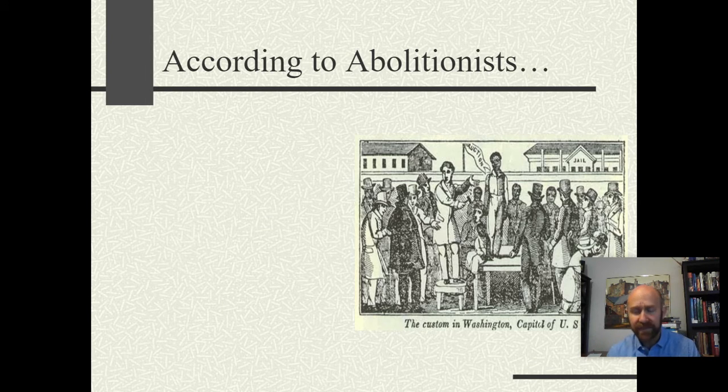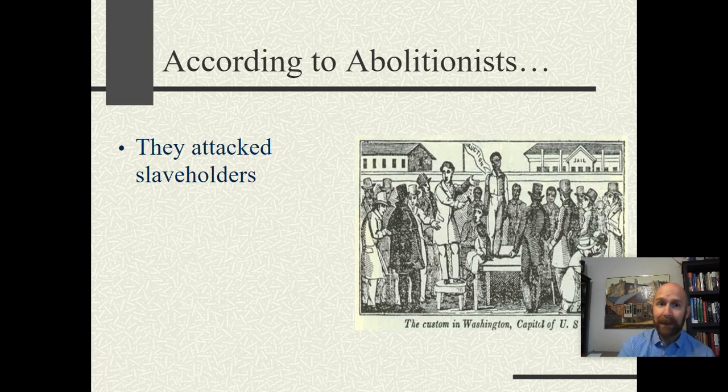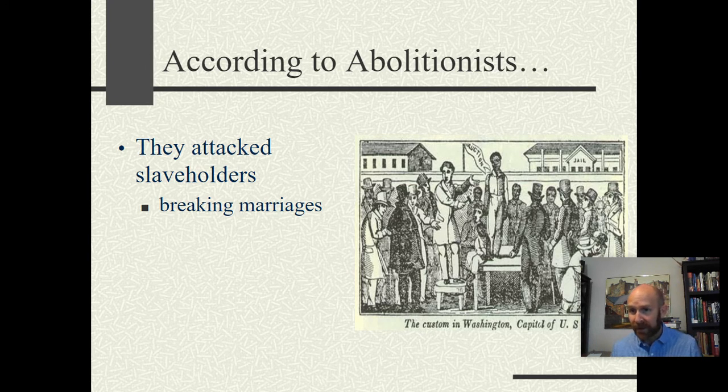So, the abolitionists and the slave owners both have different views of what slavery is like. The abolitionists are going to attack slavery on a number of levels, right? They're going to say that the system of slavery breaks up marriages, which is technically true in most states in the South, and by the time we get to the period right before the war, slaves aren't going to be allowed to get married.